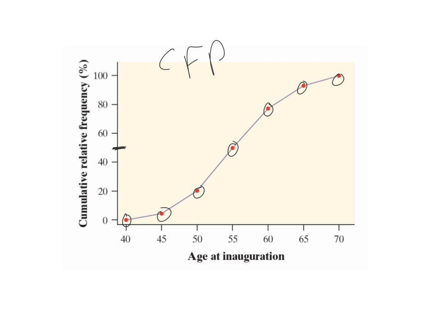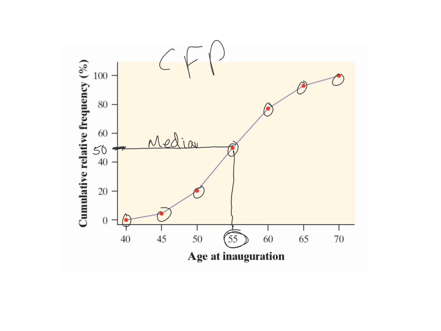We would look for 50, and we would go to this point, and we could go down. So we could say, okay, which age is the median? Well, it's going to be 55. I'm going to write median here. So 55 is the median age.